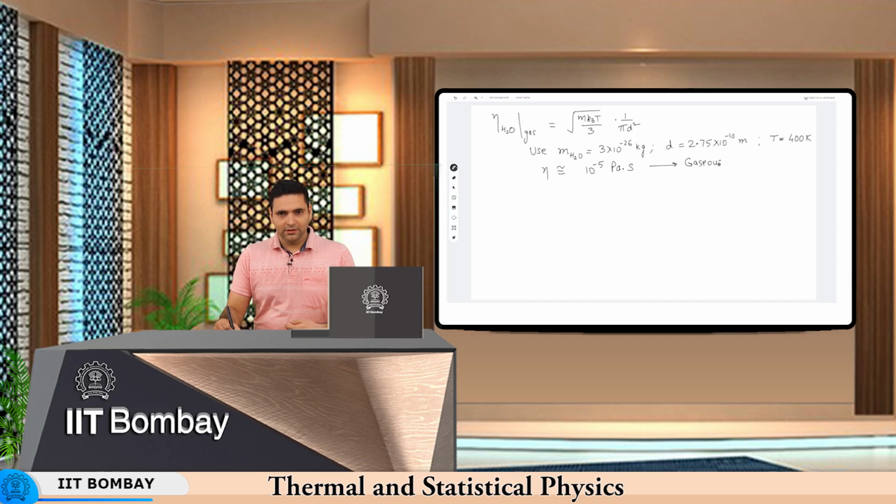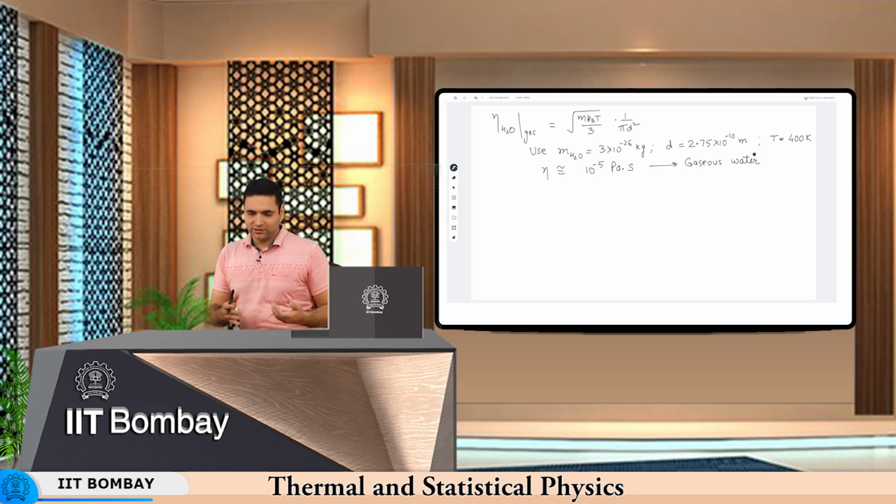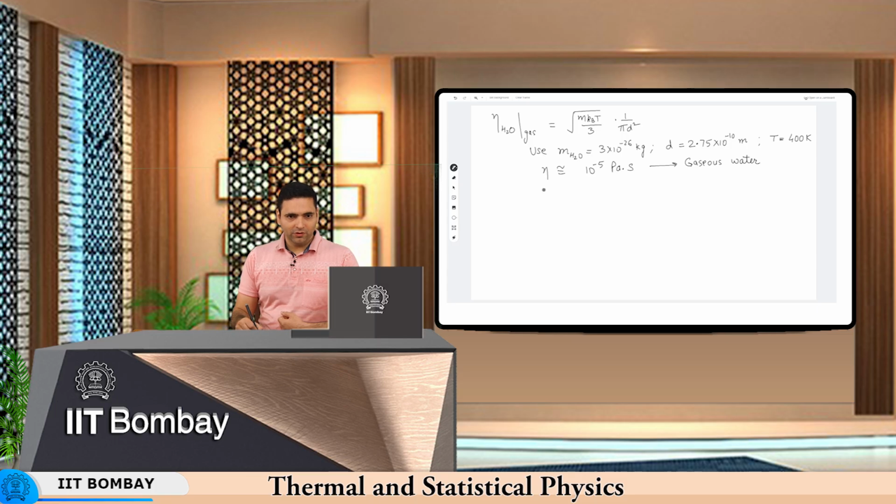This is gaseous water. The next thing we can see is how it compares with the viscosity of liquid water. We know that the viscosity of liquid water is 10 raised to the power minus 3 Pascal second.